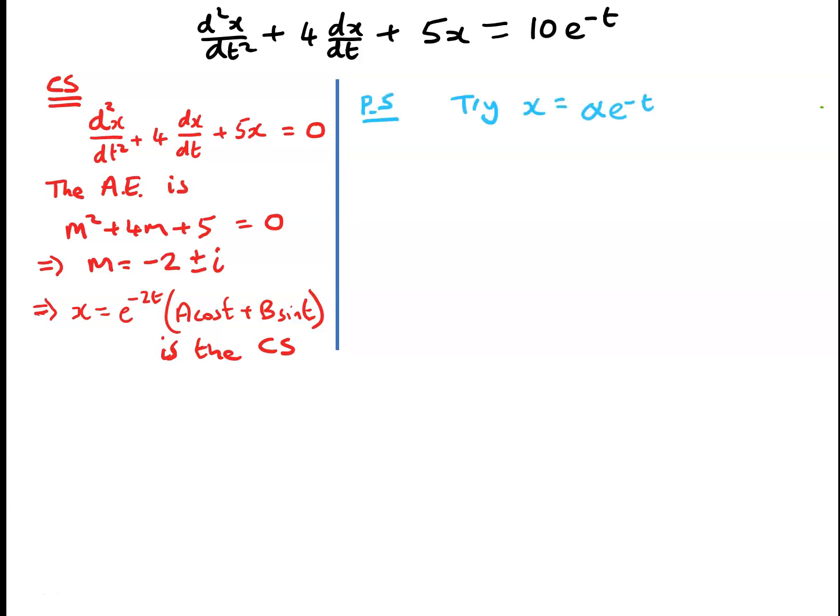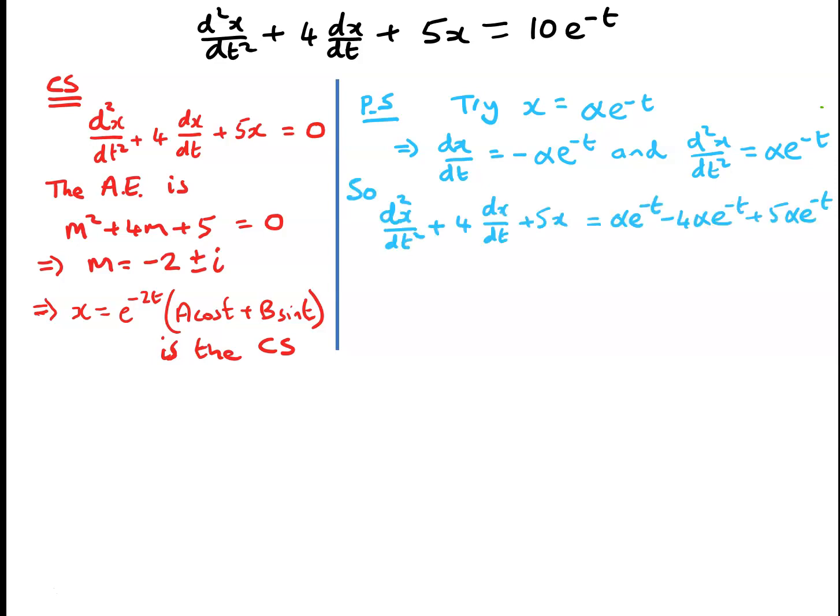The particular solution, well, we may as well try something of the form x equals alpha e^(-t), in which case dx/dt is -alpha e^(-t), and d²x/dt² is alpha e^(-t). So d²x/dt² + 4 dx/dt + 5x is going to be alpha e^(-t) - 4 alpha e^(-t) + 5 alpha e^(-t), which is 2 alpha e^(-t), which will equal 10e^(-t) if we have alpha equals 5.